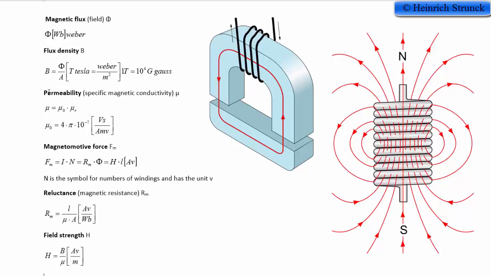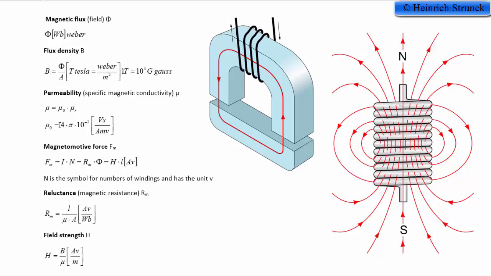And the permeability is equal to mu 0 times mu relative. So mu 0 is for vacuum, and we have a relative permeability here. We just multiply by a factor for a given material, how many times better it is at conducting the magnetic field than if we had space or vacuum. And this is a constant.